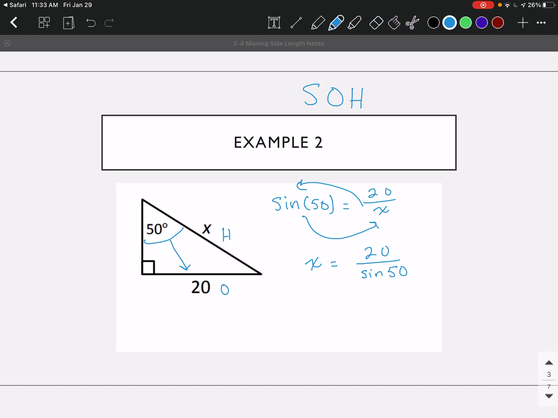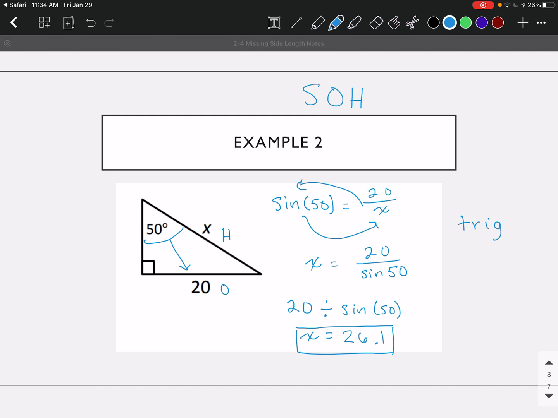Now when we type it in our calculator, I'll type in 20 divided by, then I'll hit sine, get parentheses, and we'll end up with x equals 26.1. To get to sine, I hit the trig button, which will pop up.